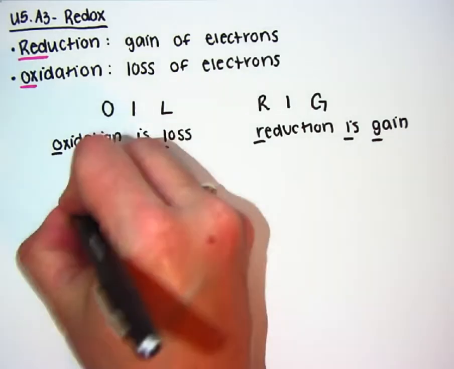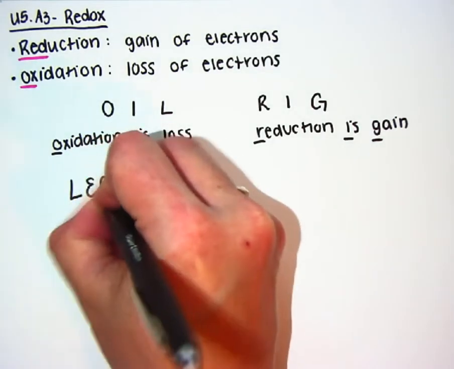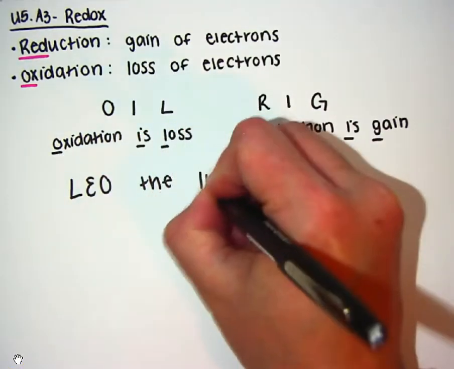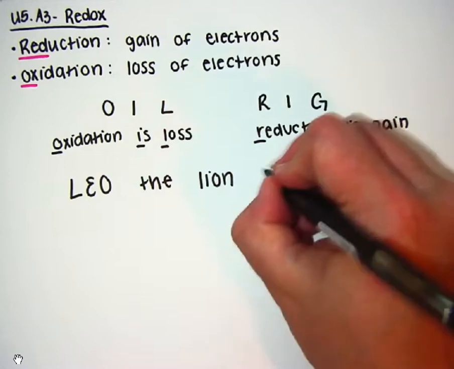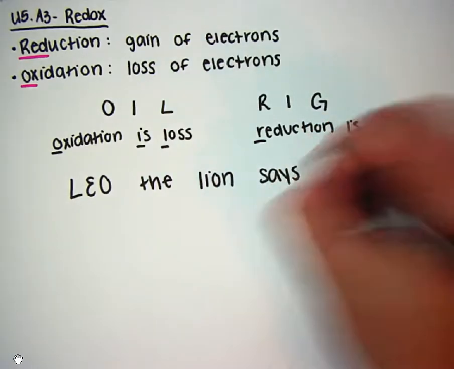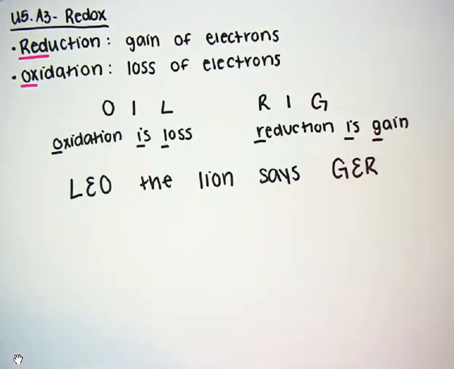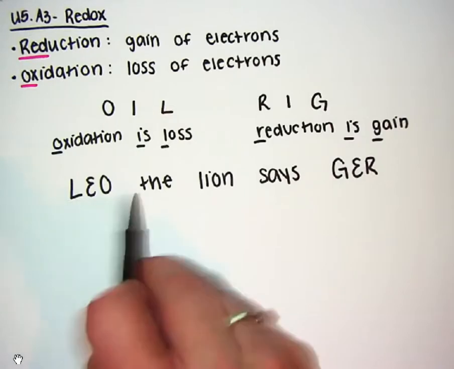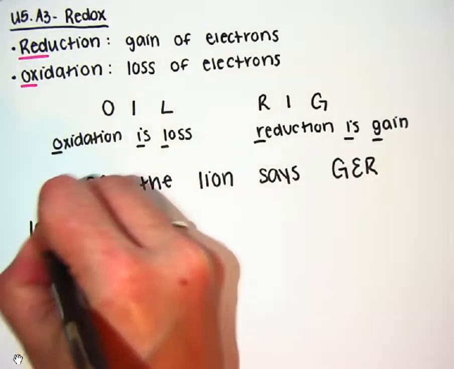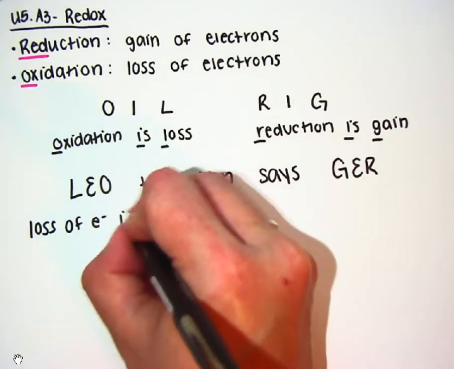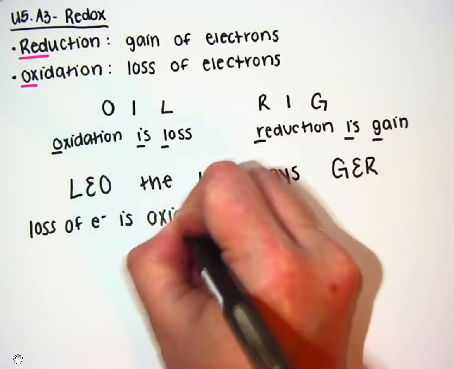The other way, Leo the lion says grr. So L-E-O, loss of electrons, is oxidation.